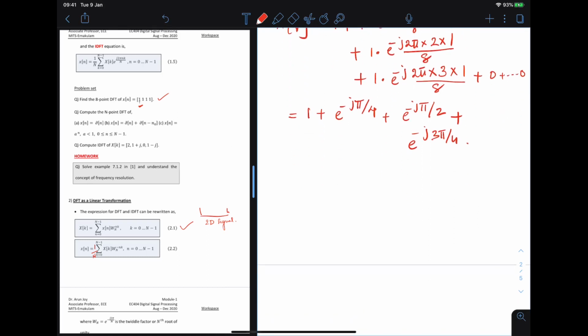Now how will I find the values of this? For that, I use e raised to j theta is cos theta plus j sin theta, or e raised to minus j theta is cos theta minus j sin theta.